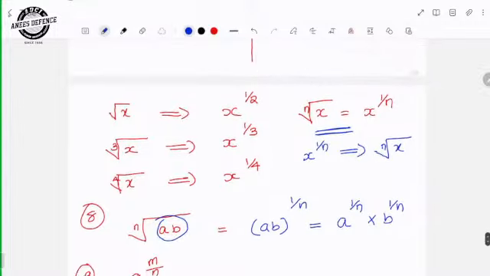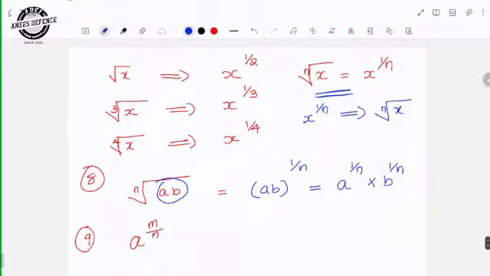In reverse also, we can write nth root of x is x raised to 1 by n, then x raised to 1 by n is nth root of x. So here a raised to m by n can be written as a raised to m raised to 1 by n.